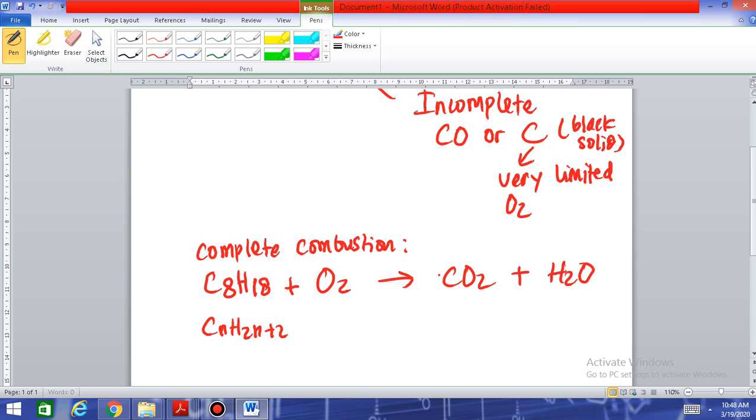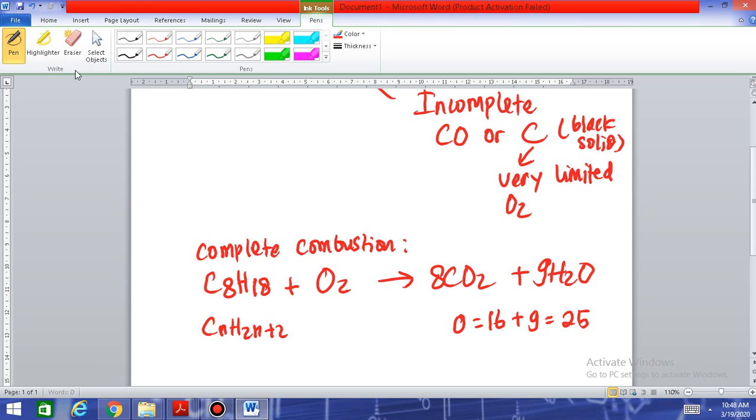Okay, let's balance it now. 8 carbon atoms, so it must be 8, and 18 hydrogen atoms, so it must be 9. 2 times 9, 18. And for oxygen atoms on the right side, 16 plus 9, 25.